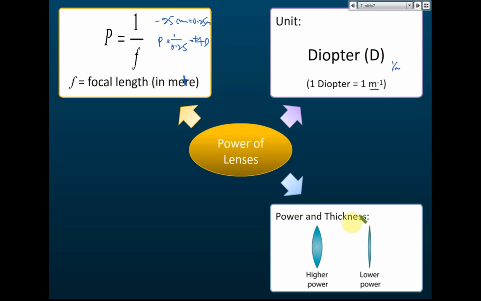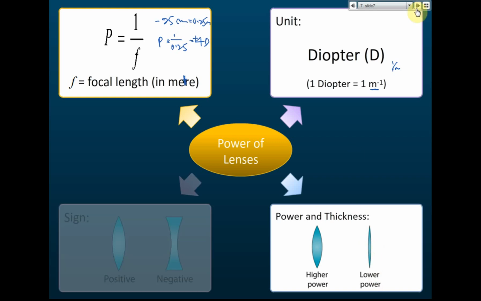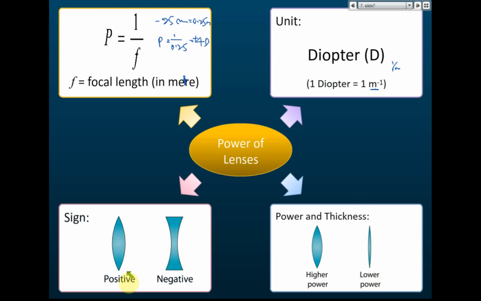Power and thickness. A thicker lens has higher power and a thinner lens has lower power. For convex lens, the power is positive, and for concave lens, the power is negative. So that's why this is also called a positive lens, and this is called a negative lens.